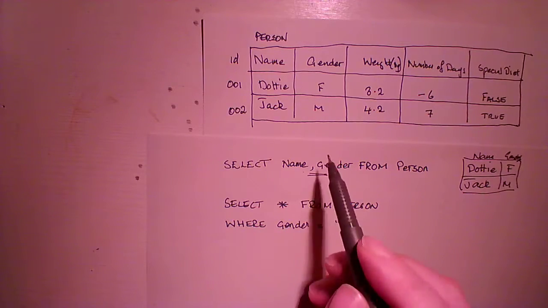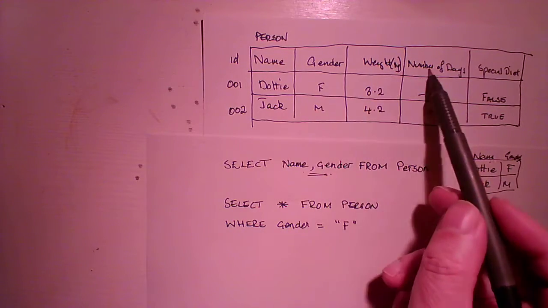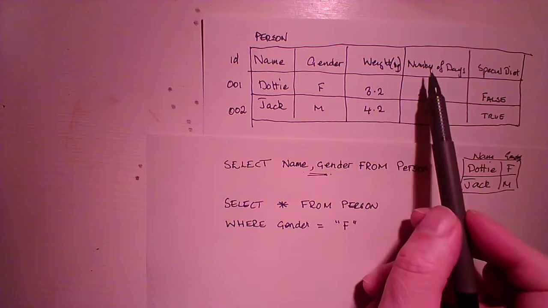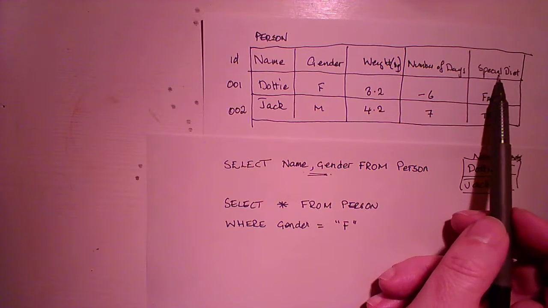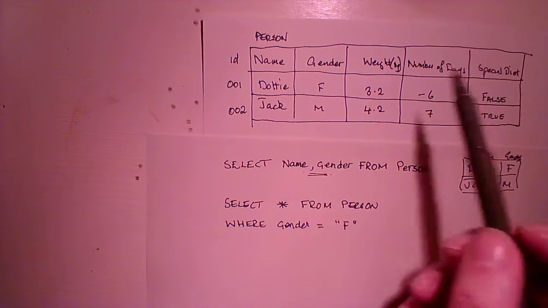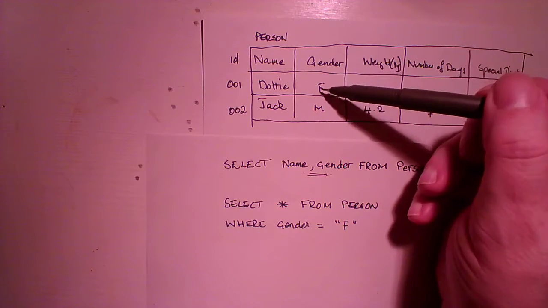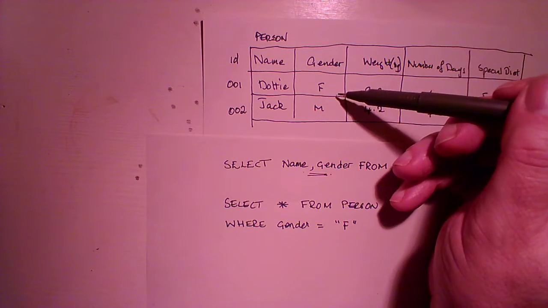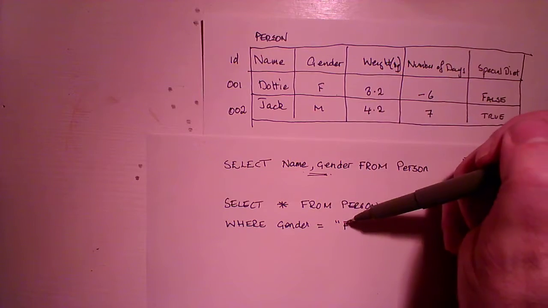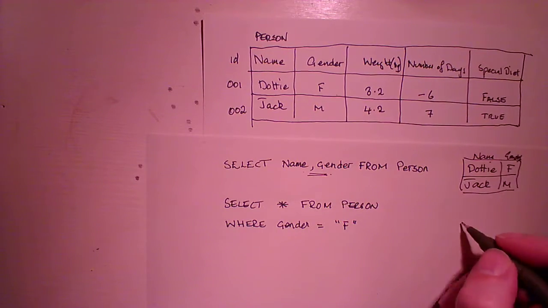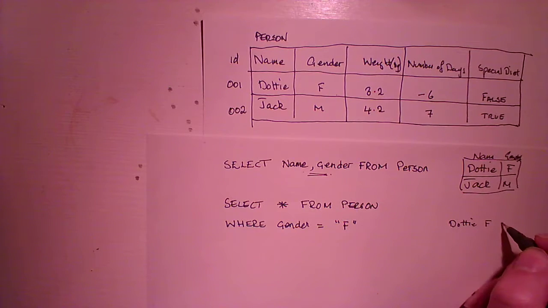And that would produce all of these fields. So I'd get name, gender, weight, number of days, specified diet, but it would look in the gender column and just match the records that have F in them. So in this case it would produce Dotty F 3.2 -6 and false.